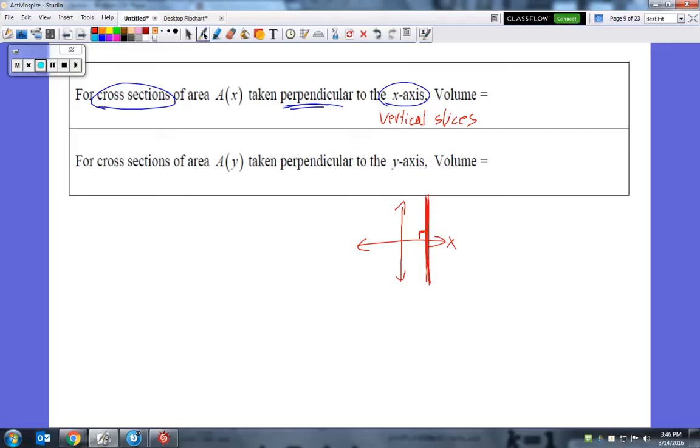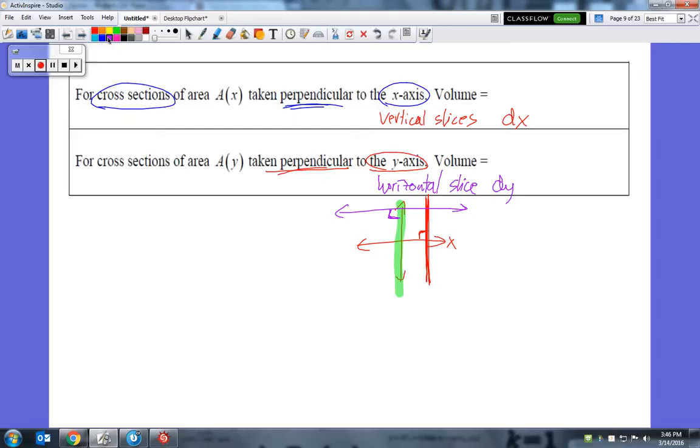And then perpendicular to the y-axis, those will be horizontal, because here's the y-axis. Let me highlight it real quick. Anything perpendicular to that will be a horizontal line, because that creates a 90-degree angle. So these will be dy's, and horizontal slices.